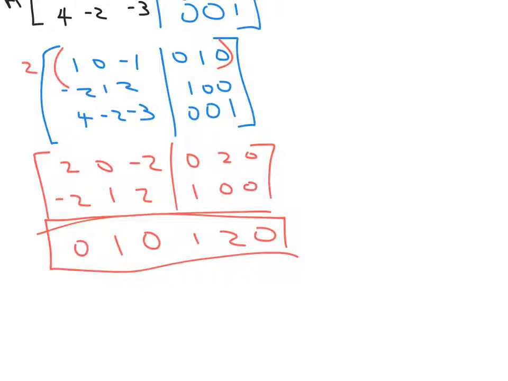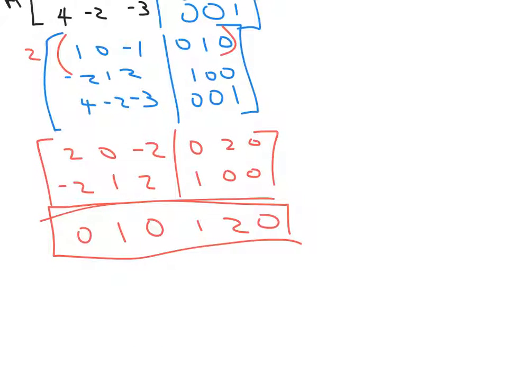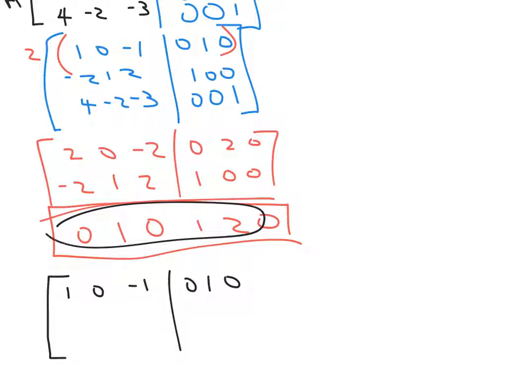So my first row, let's write that again. My first row is 1, 0, negative 1, 0, 1, 0. My new second row is 0, 1, 0, 1, 2, 0.